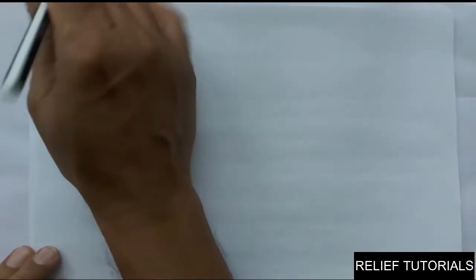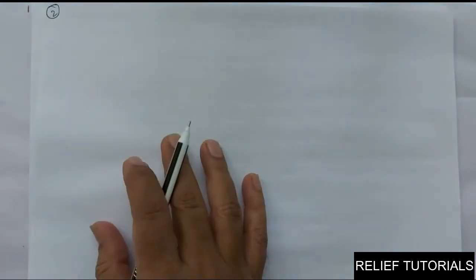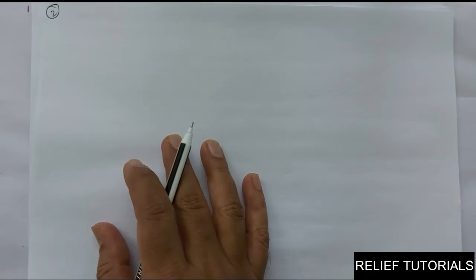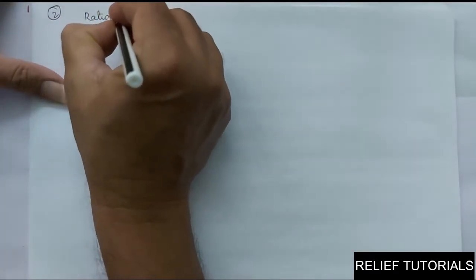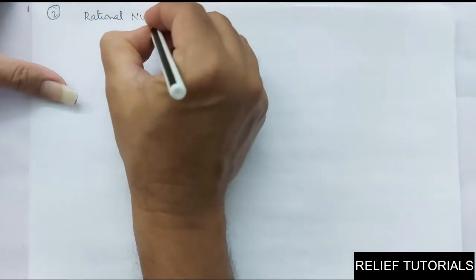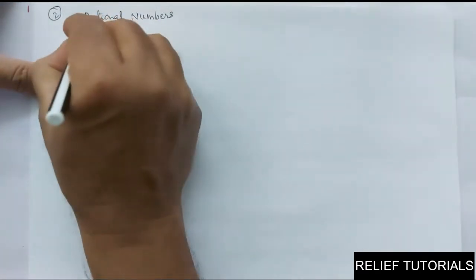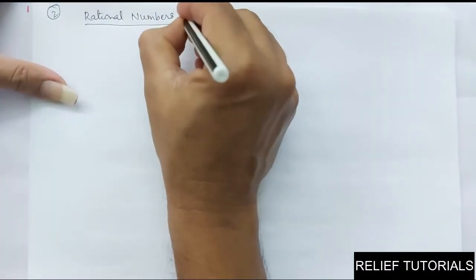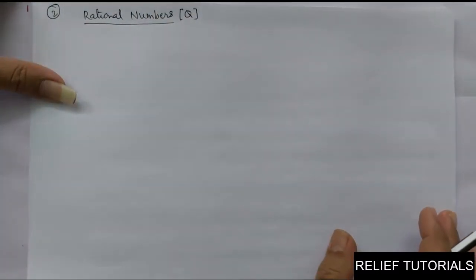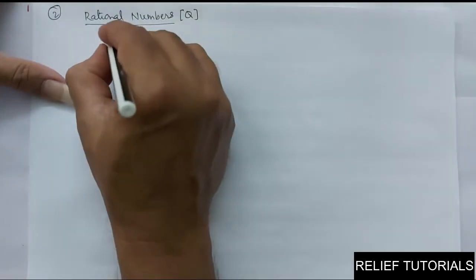Now comes rational numbers. See, what are rational numbers? Rational numbers are denoted by Q. What are rational numbers?